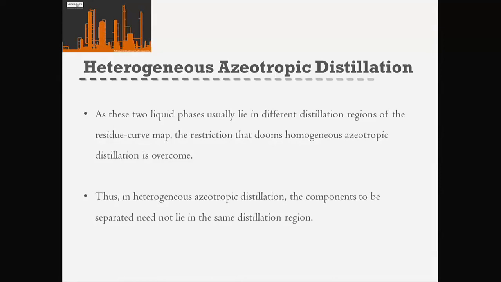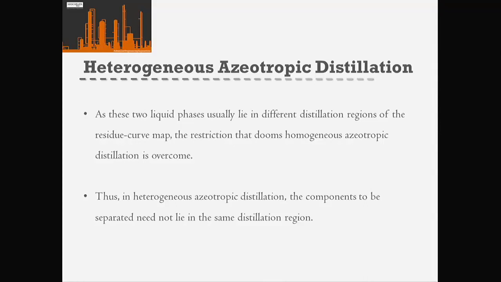So essentially, as I said, because we've got that opportunity to potentially now jump these distillation boundaries, not only do we have that opportunity, but typically the liquid phases lie in different regions of our diagram, okay? So it means that we can jump around the problem that we have with homogeneous azeotropic distillation, that we can't get a pure component, and actually use this to our advantage.